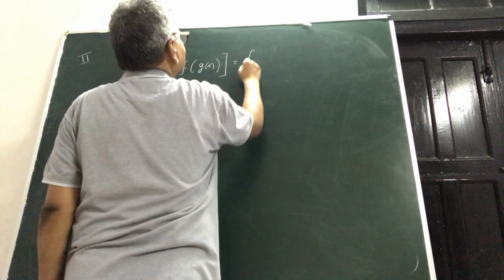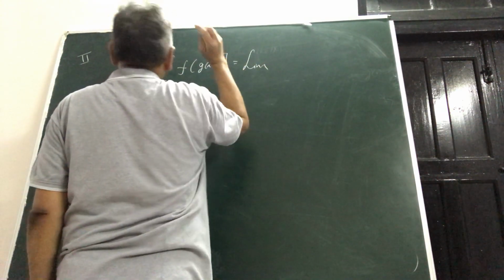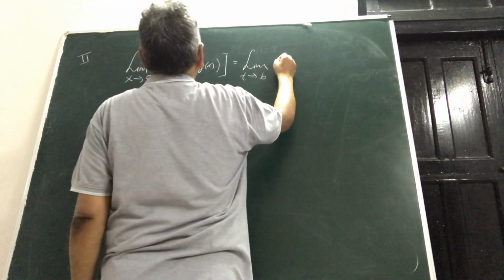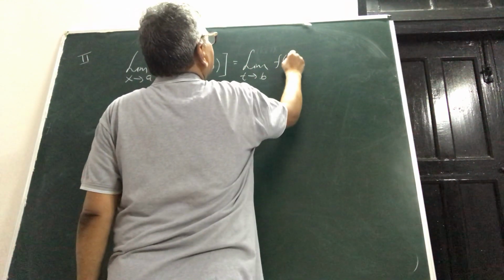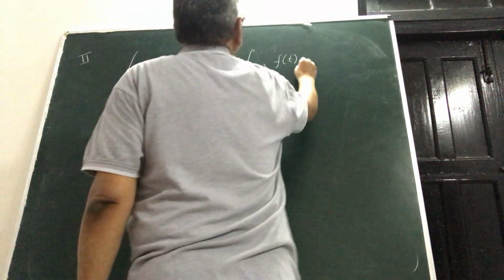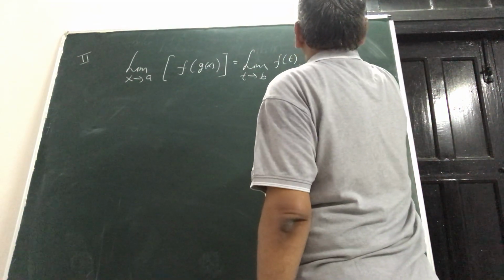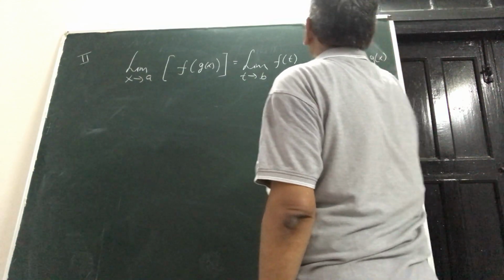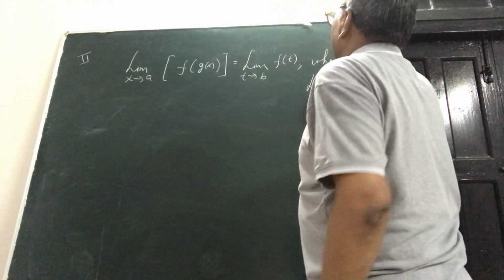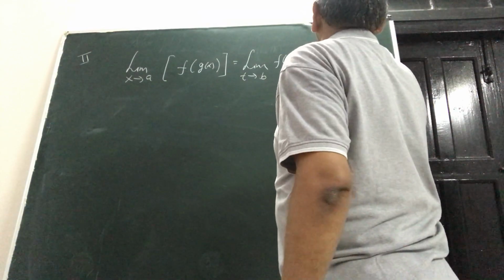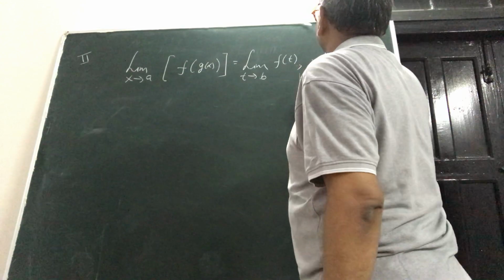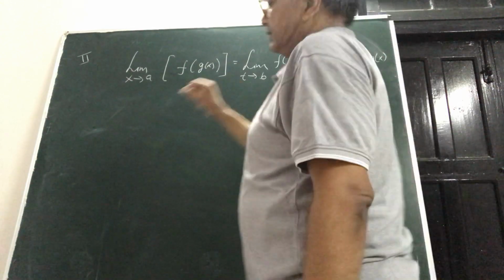This is nothing but limit t tends to b of f(t), where t is nothing but your internal function g(x), and limit of g(x) as x tends to a is nothing but b. This is given.